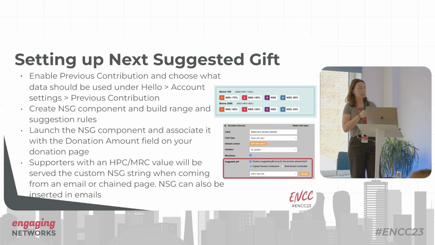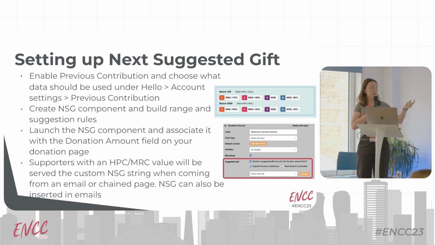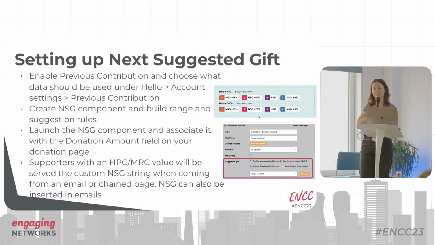And so in this case, we have highest previous contribution plus 100%, so effectively doubling the highest previous contribution is that next suggested gift value, so that's this value. And then we've built out additional amounts around that.